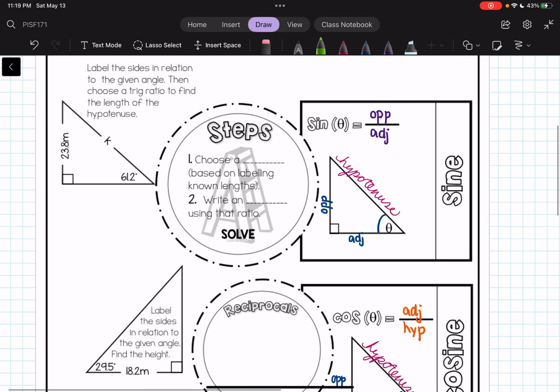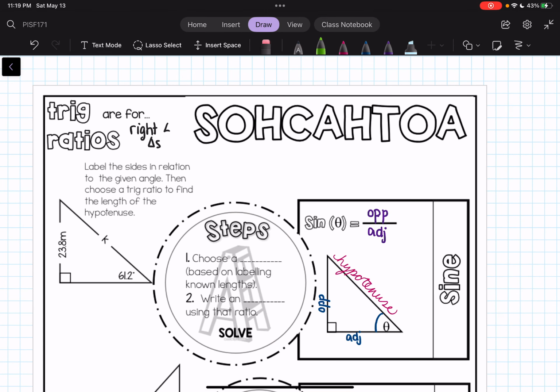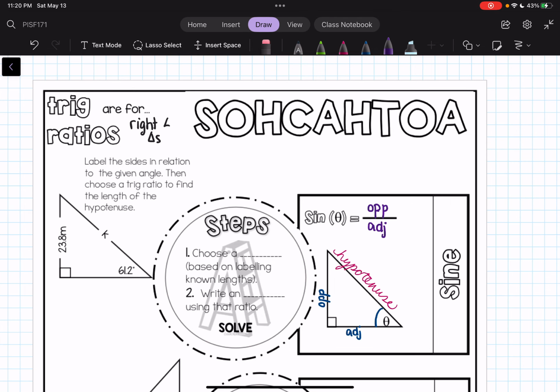So now I'm going to bring you back up to this wonderful word here. It's actually an acronym, SOHCAHTOA. And SOHCAHTOA is a way we can remember our trig definitions. So you will see here, this is sine equals opposite over hypotenuse.